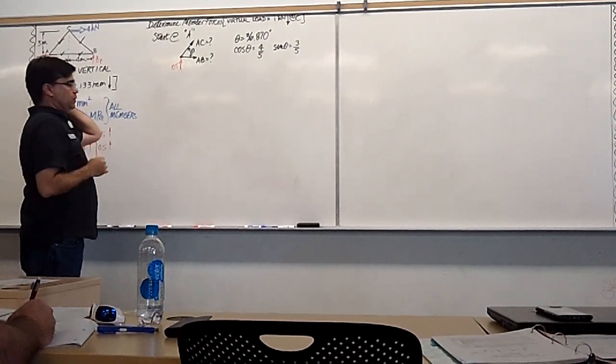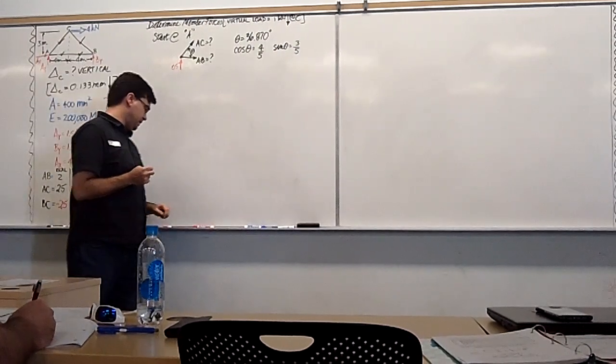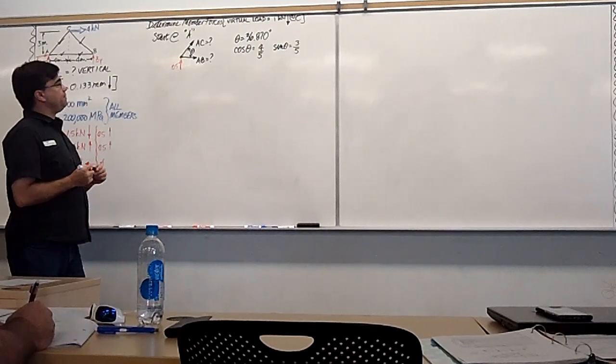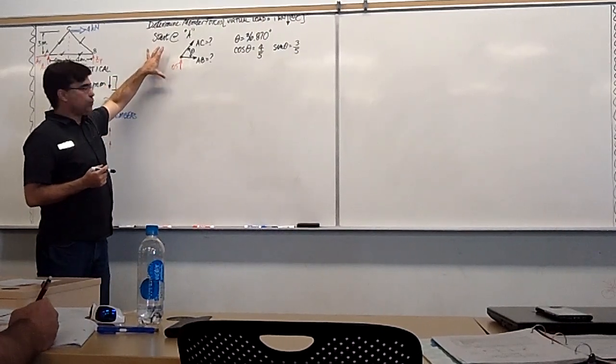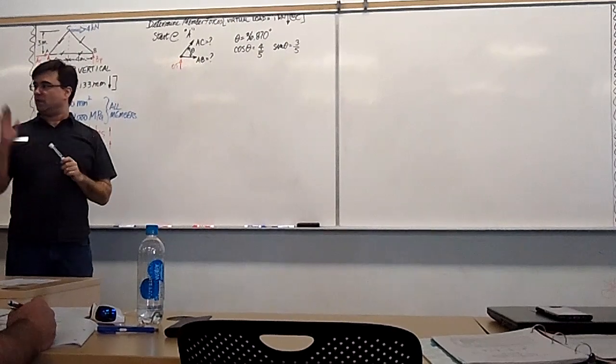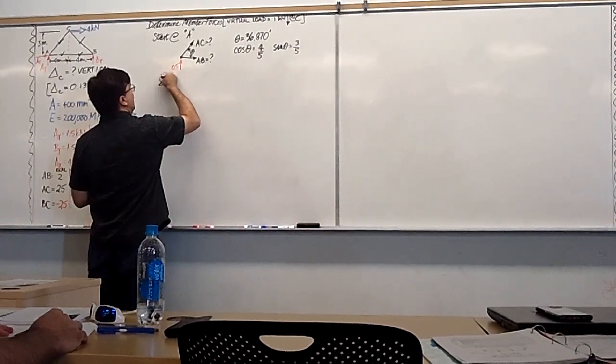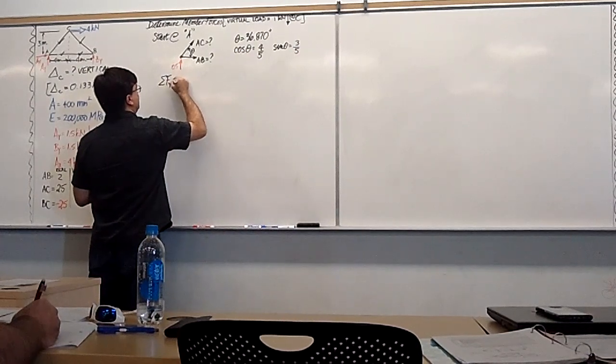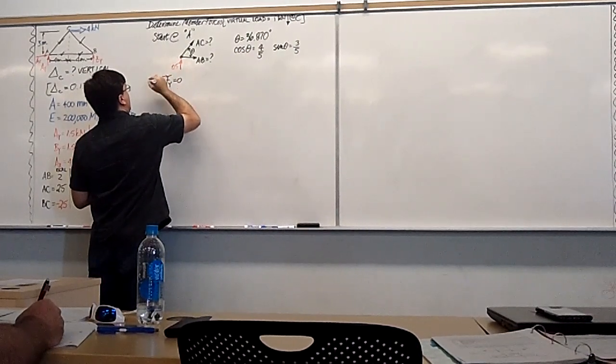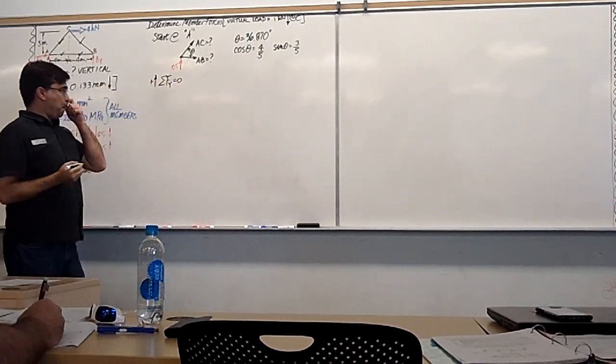Okay, so whichever method works best for you works for everybody else. We're going to be clever about this. We're going to recognize that starting with forces in the y direction is the better one to do. Sum of the forces in the y direction equals 0.